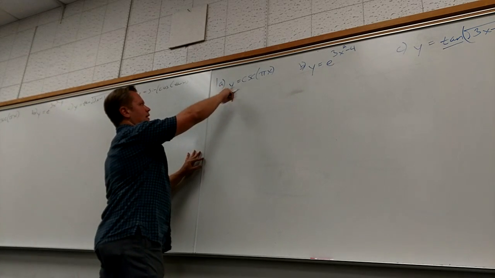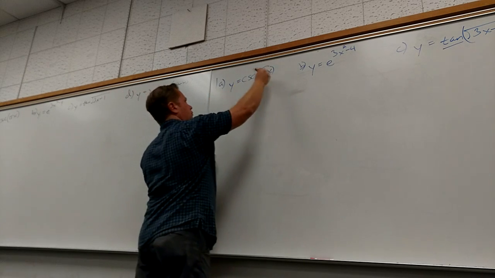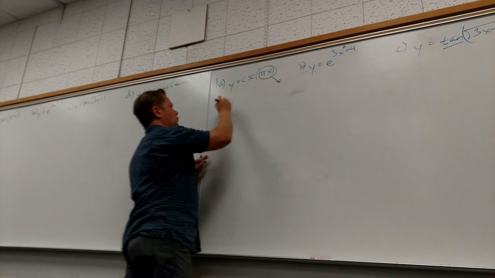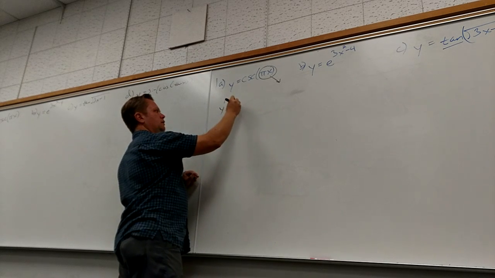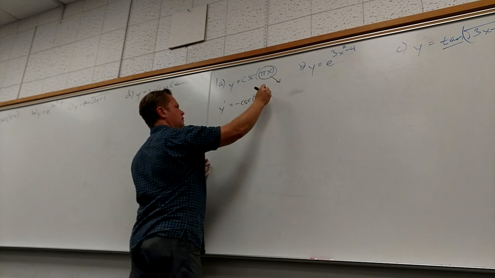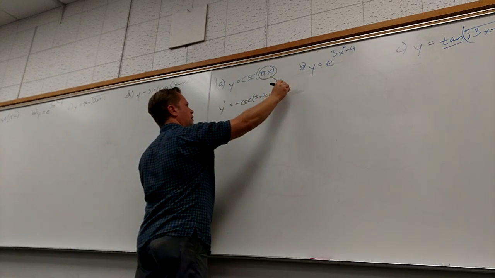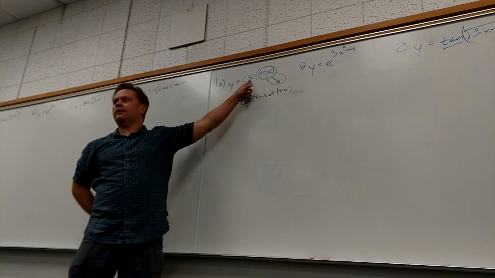So what's the inside function on 1a? Pi x. You circle that bad boy. So y prime, what's the derivative of cosecant of something? Negative cosecant of that thing, cotangent of that thing. Now, that's the derivative of the outside function, right?